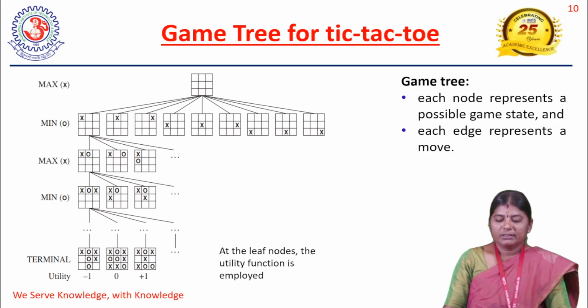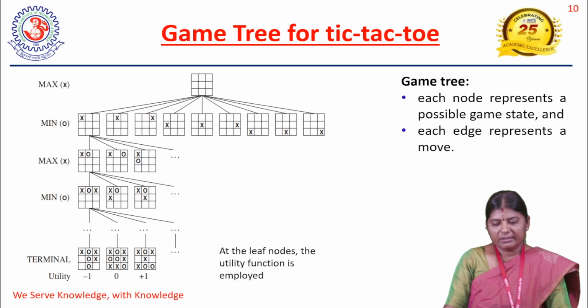We know it takes the initial state, then actions, to construct a game tree. S naught is the initial state. In tic-tac-toe, there is a 3 by 3 matrix with 9 empty cells. The max player can place his sign in any one of the 9 empty cells, so there are 9 possible actions for the max player. That is the initial state S naught.